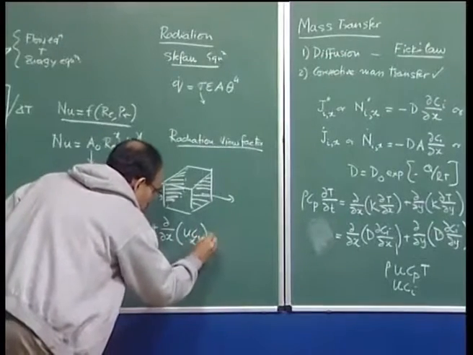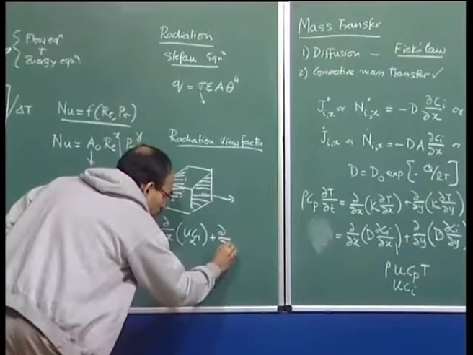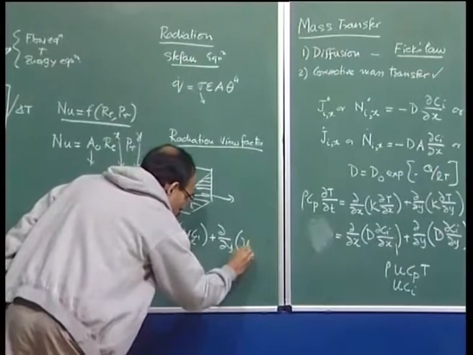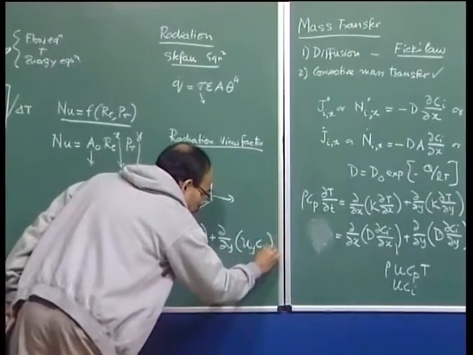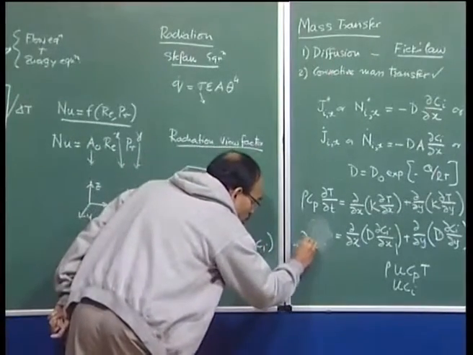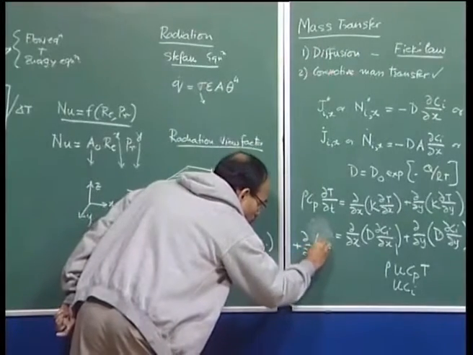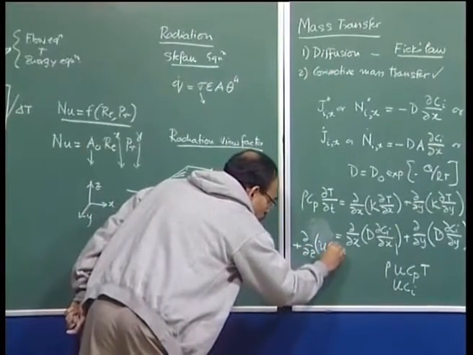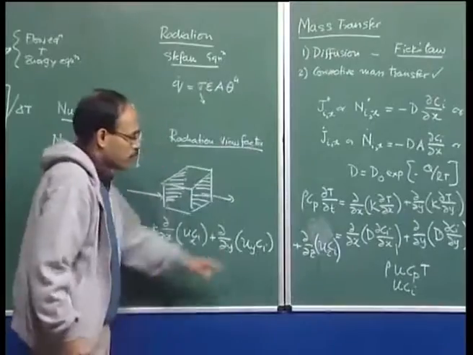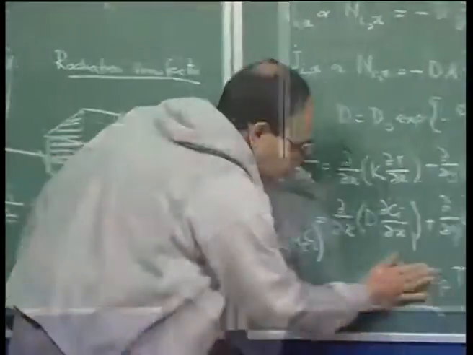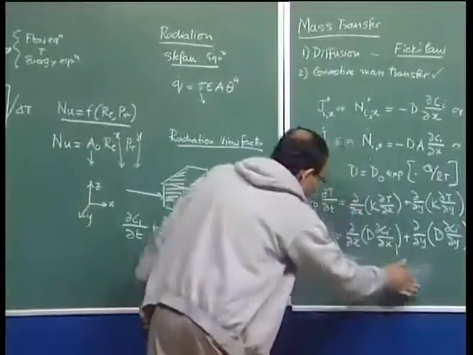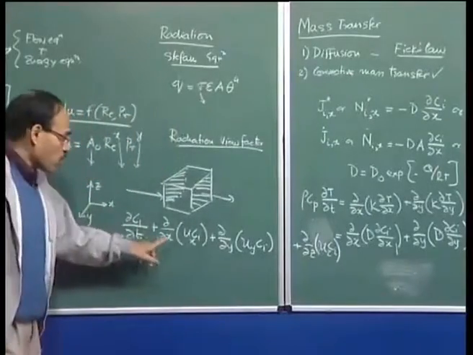So, this is Ux, then in the y direction we have Uy into Ci, and in the z direction we have Uz into Ci. I just wanted to explain this to you. These are the convective fluxes.